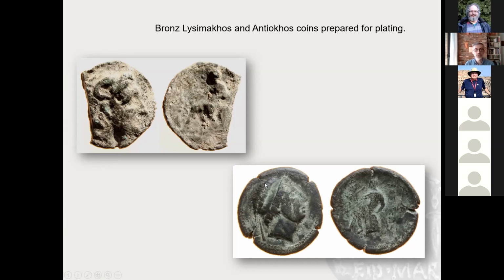You don't have these coins in bronze, so they were obviously intended for plating, and it would be difficult to plate an unstruck piece of metal because you use a 5-kilo sledgehammer, and the impact would simply destroy that thin layer of silver or gold or whatever the plating precious metal is.